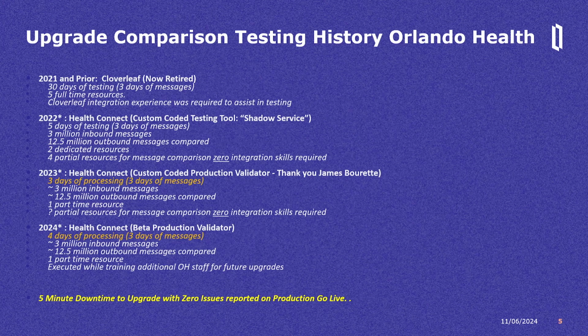Yeah, so we took that process of file-based solution, and with James's help, we were able to migrate that into a database solution, where we're pumping all those messages into the database, and all we have to do is move the database from one system to another, upgrade that system, and then reprocess all those messages, and they're still sitting in the database.